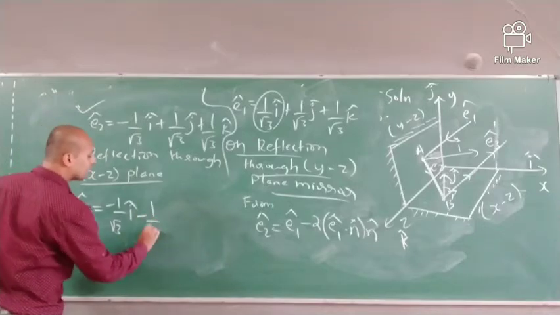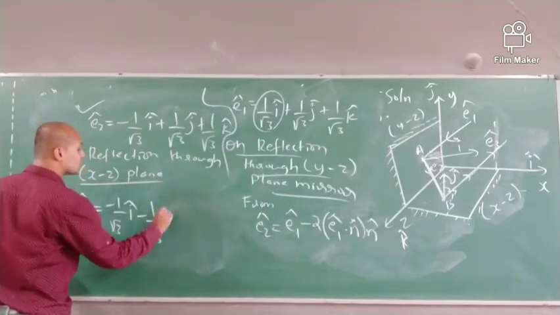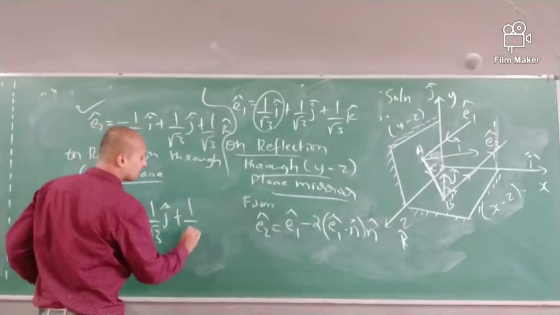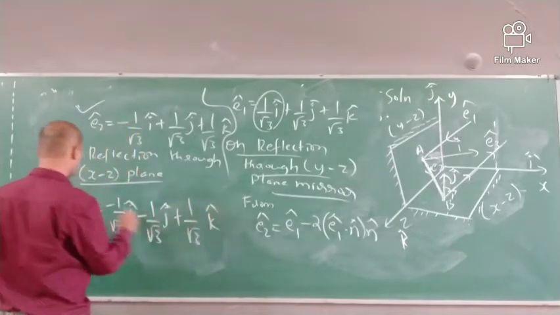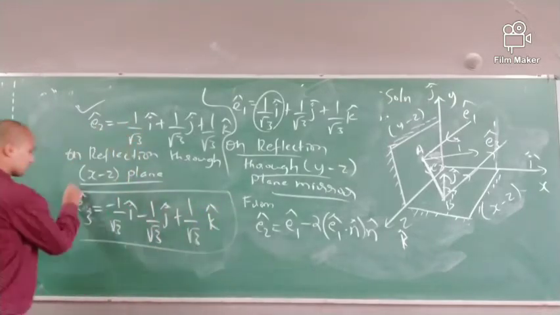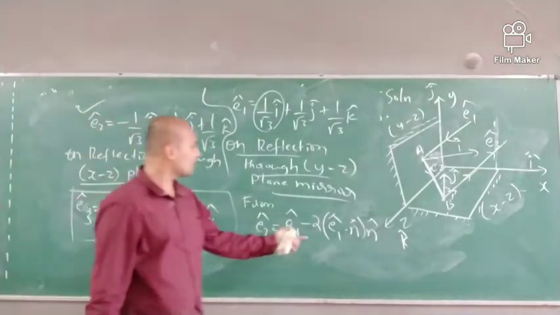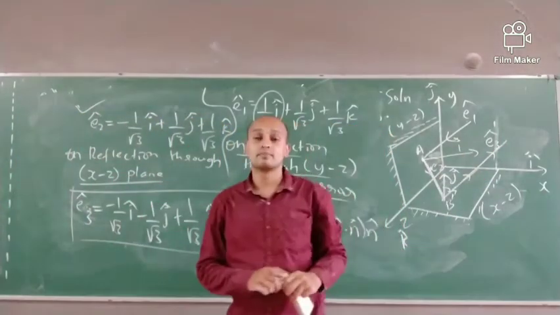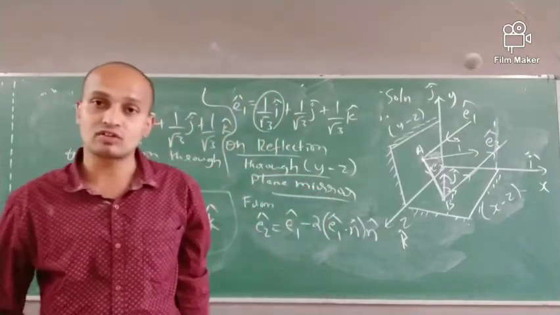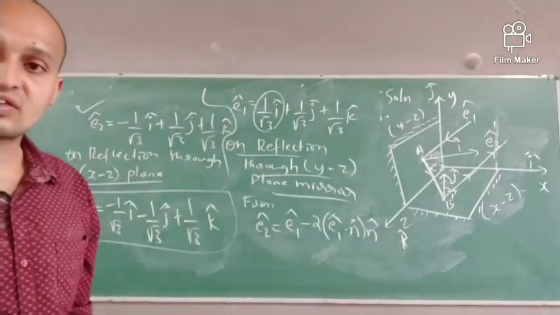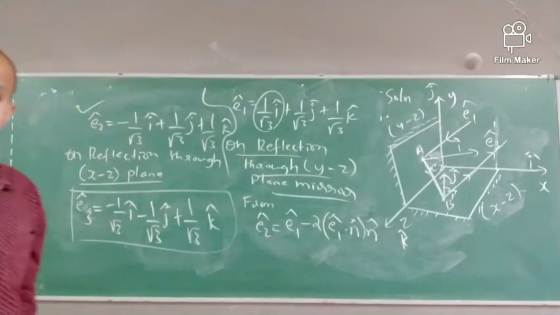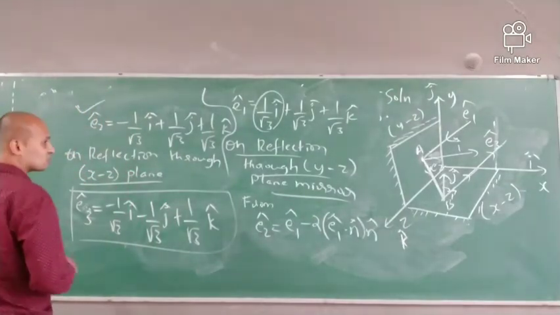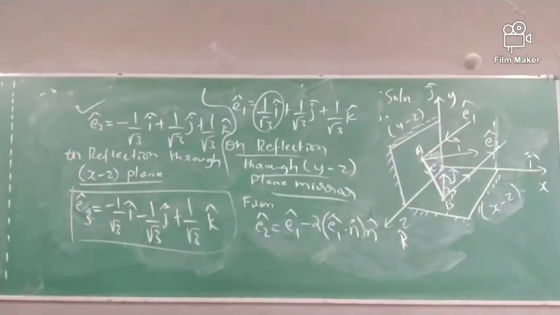It will become minus 1 by root 3 J cap plus 1 by root 3 K cap. This will be the answer for the unit vector along the emergence ray after two successive reflections. Got it now?